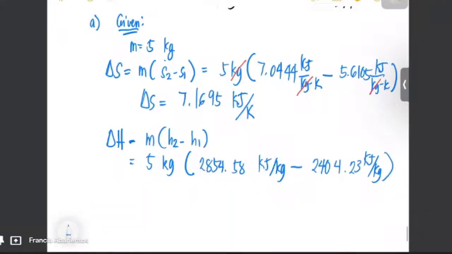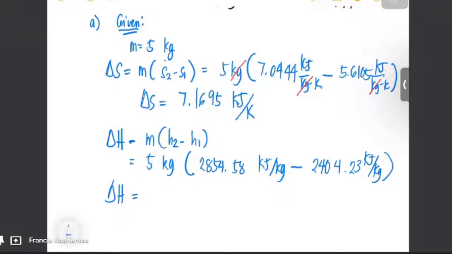Okay, what is now the change in enthalpy? So we have 2854.58 minus 2404.23. So we have now 450.35 times 5.